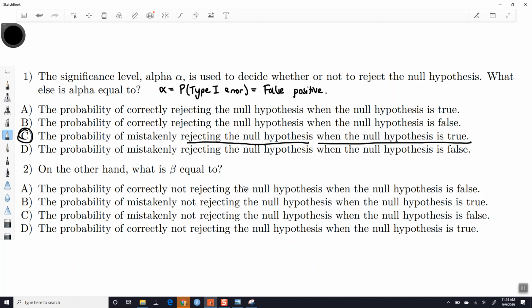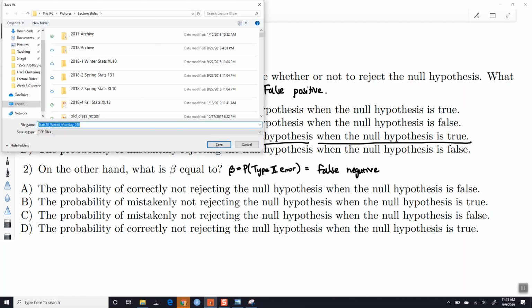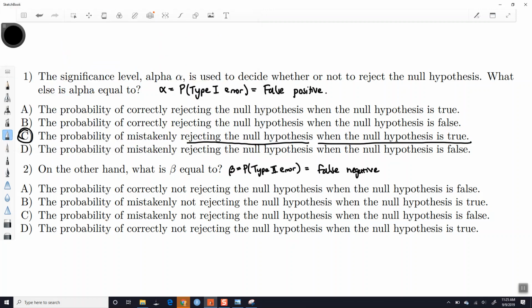And beta is the probability of a type 2 error. This is the false negative. So again, think back, maybe to the pregnancy example.